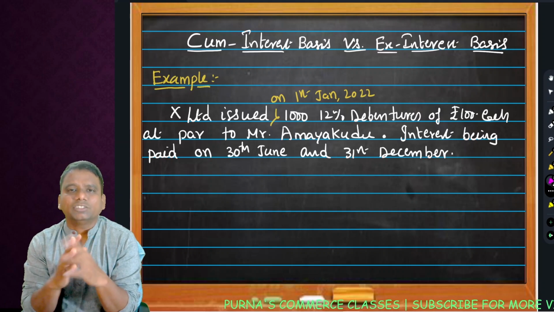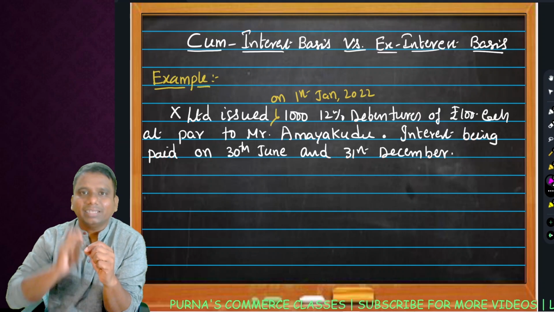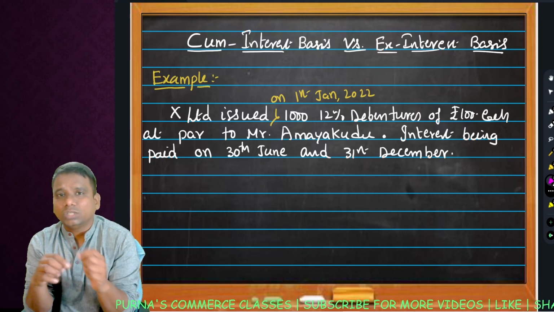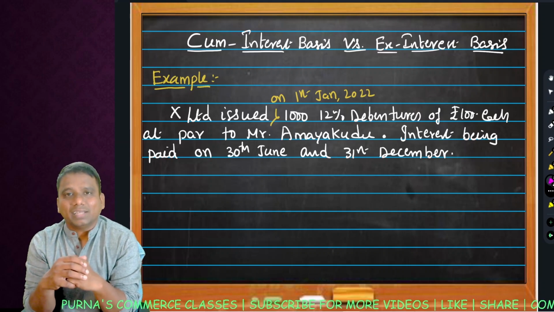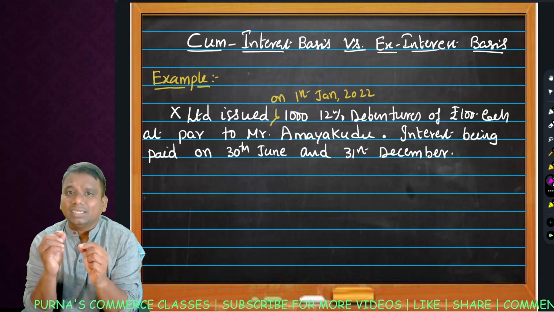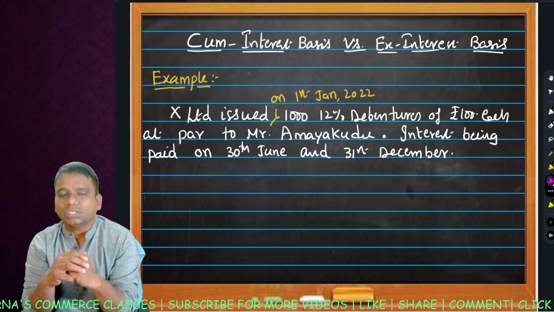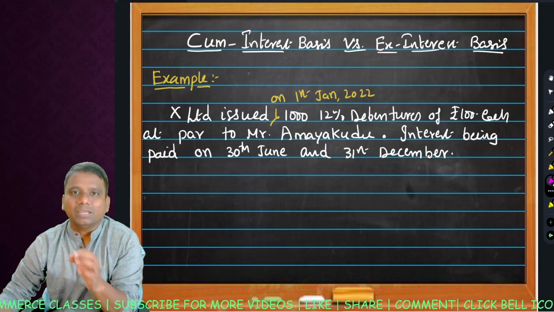What happens in the primary market? In the primary market, the company directly issues the securities to the investors. In the secondary market, already issued securities are purchased and sold. So this is the example of primary market.